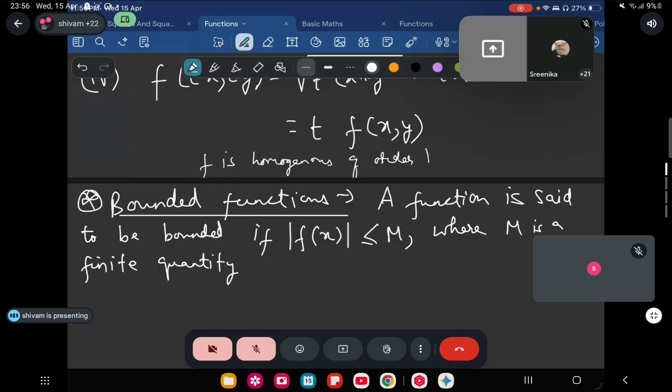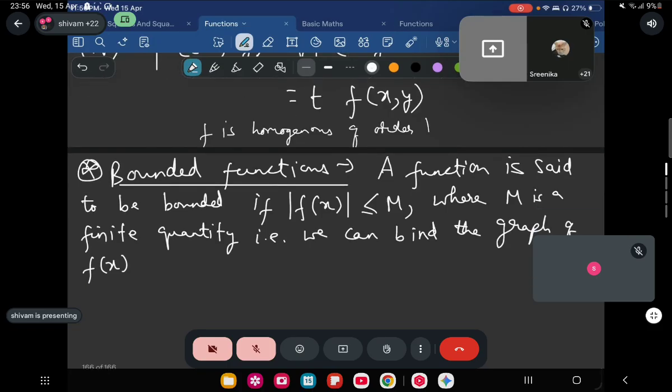That is, we can bind the graph of f of x between two horizontal lines. Can you give me an example, everyone?